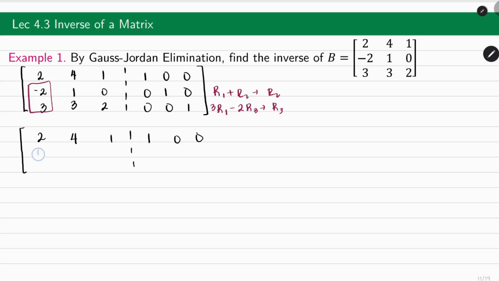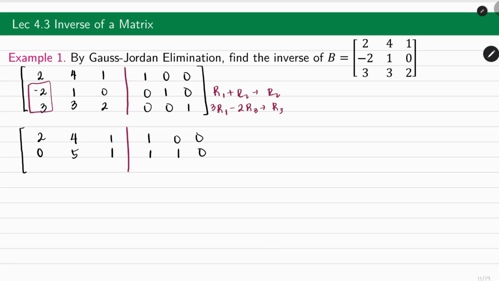We have here 0, R1 plus R2 only, 0, 5, 1, 1, 1, 0. Correct? We can actually draw a solid line here so that it will not confuse us.